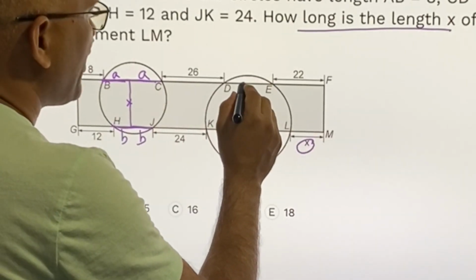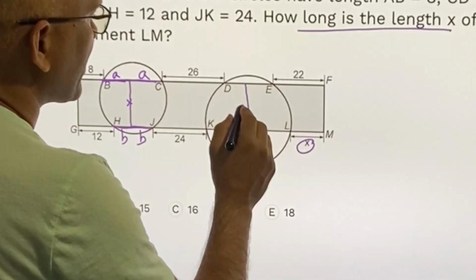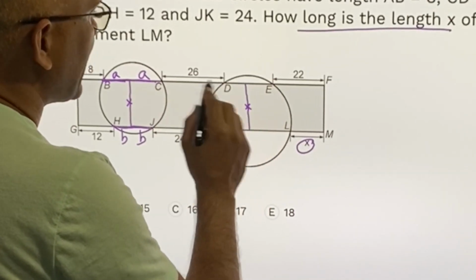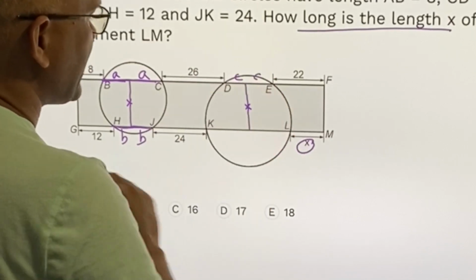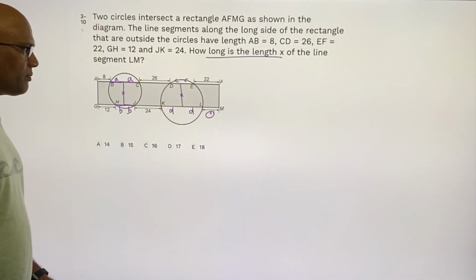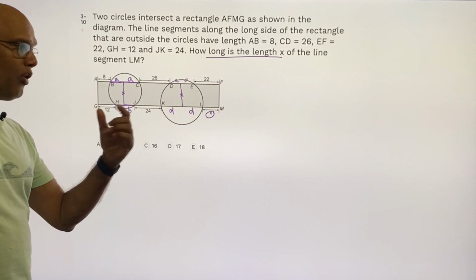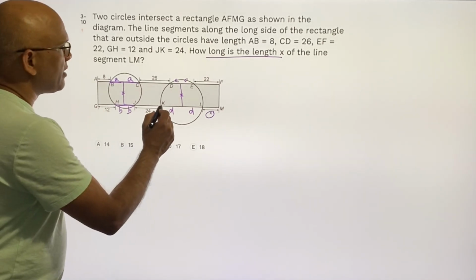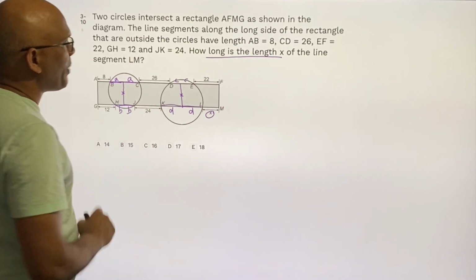Similarly, if I draw a perpendicular bisector of the other chord, it's going to go through the center. Let me call this C, this will be C, and this will be D and D. I don't know the value of D, but if this is D, this is also going to be D, since it's going to bisect.